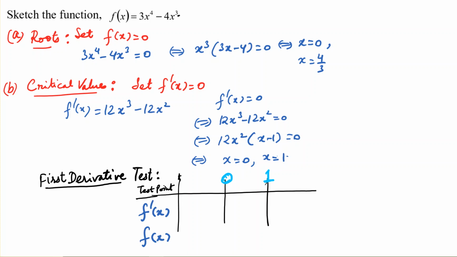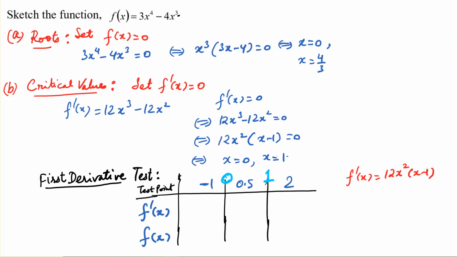We're going to choose some points around the critical values. A point to the left of 0 would be -1, a point to the left of 1 would be half, 0.5, and a point to the right of 1 we can choose 2.